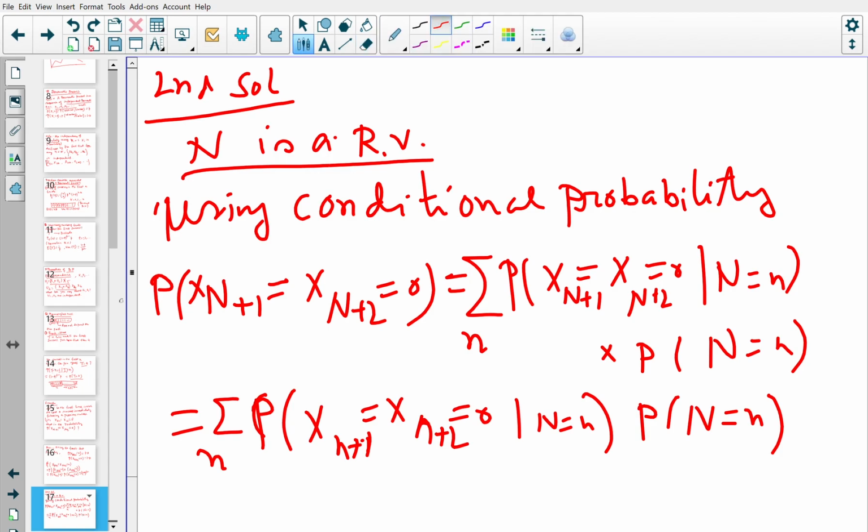And now capital N and the x's are independent, so this is nothing but this probability.